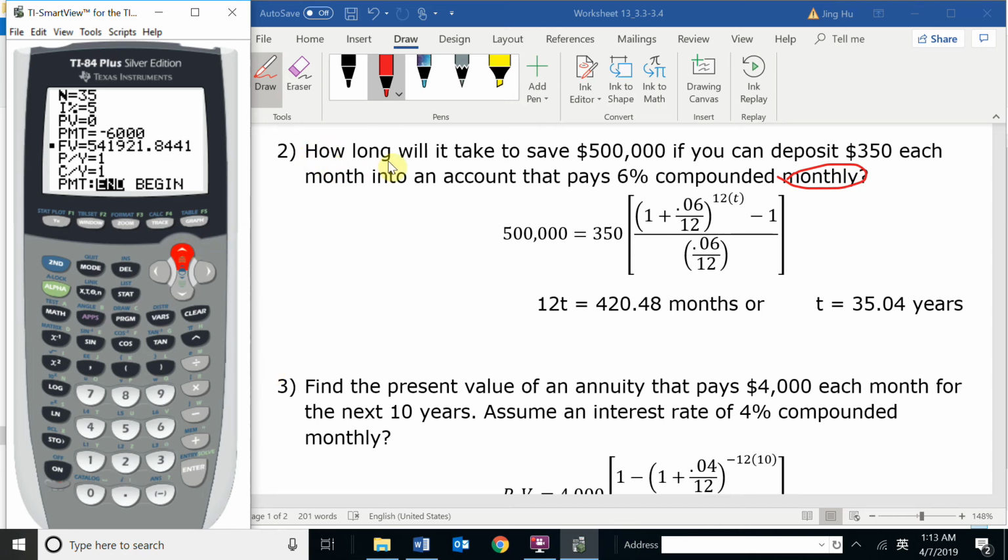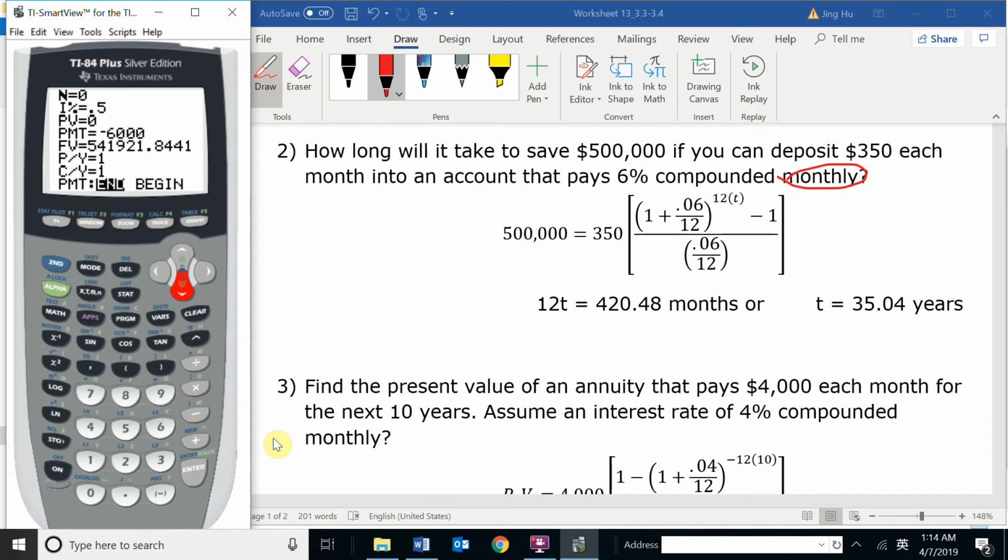Because you need to get the time period, let's reset N to 0. Go down. The interest is 6%, 6, because the keyword right behind compounded is monthly. So you need to divide it by 12, because we know a year has 12 months. And go down.